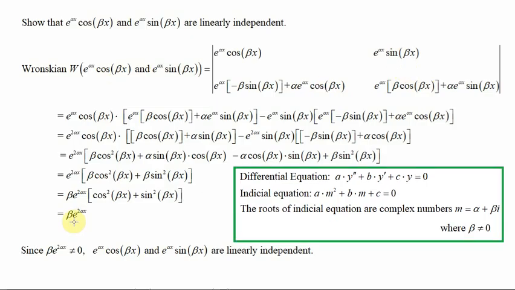And then we will end up with beta e to the 2 alpha x. From the beginning, we made the assumption that the indicial equation has complex solutions, and so beta cannot be 0. And so beta e to the 2 alpha x here cannot be 0. And therefore, these two functions are linearly independent.